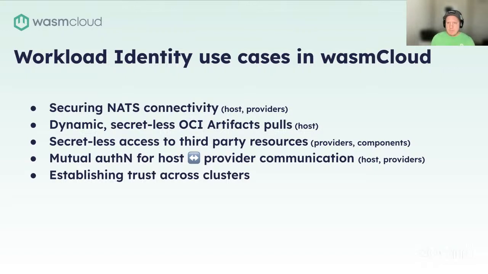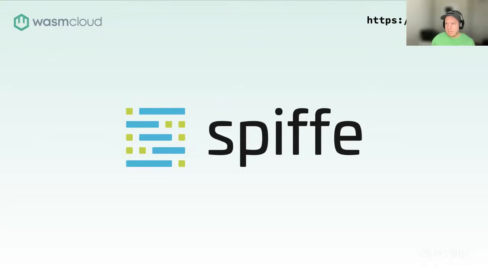So if you've spent any time in this space, you might have come across something called SPIFFE. SPIFFE is essentially the standard, if you will, in the CNCF space for workload identity. It's been around, I think it was announced in 2016. Work started on it, I think, in 2017. But it's one of the CNCF graduated projects, and it presents a standard that you can implement for workload identity.